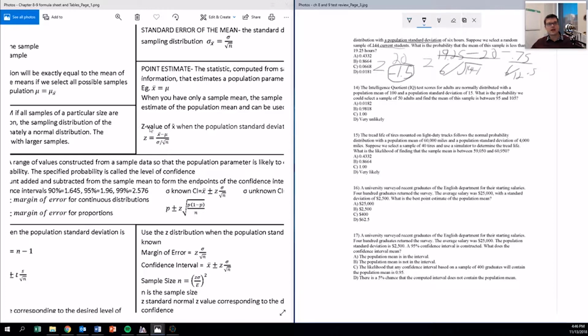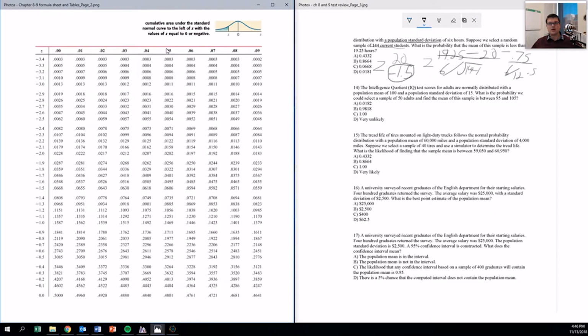So we look at the z-chart, and the question is, what is the probability that the sample mean is less than 19.25 hours? So where would the score of negative 1.5 be? It'd be right about here. So what's the probability of a score being at negative 1.5 or below?